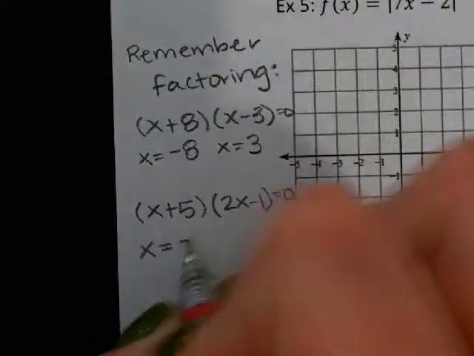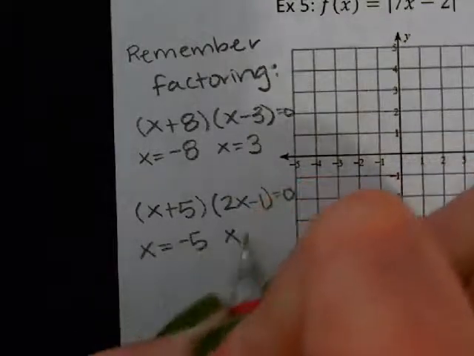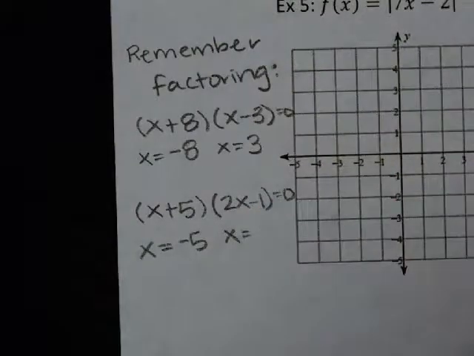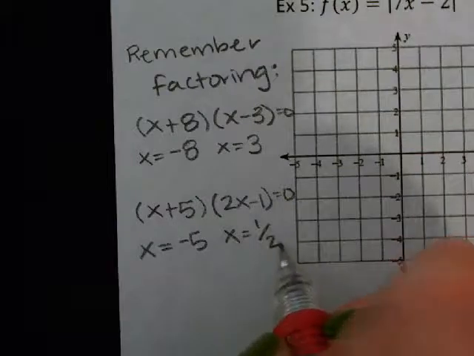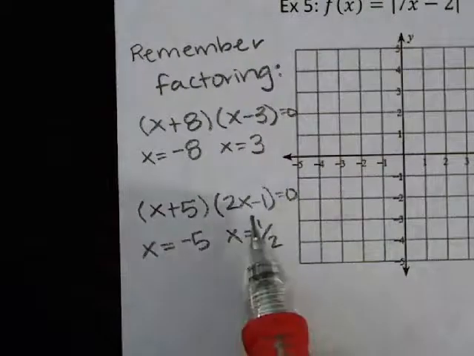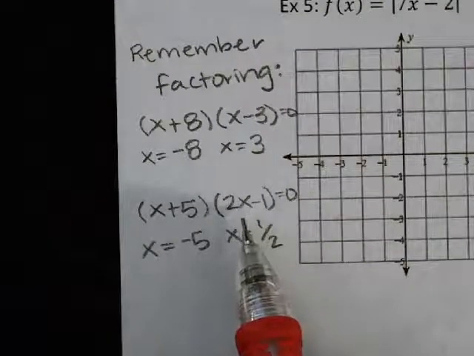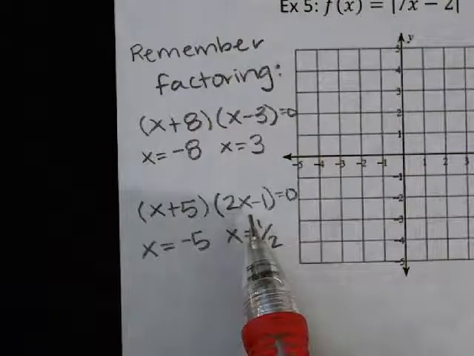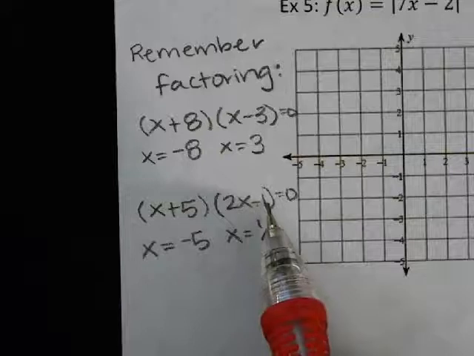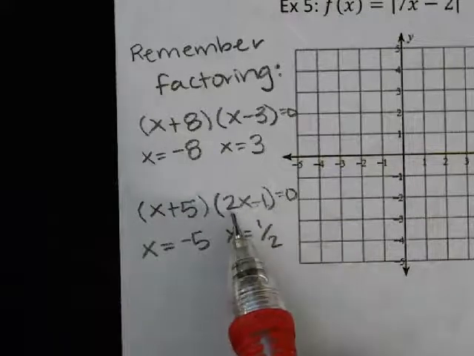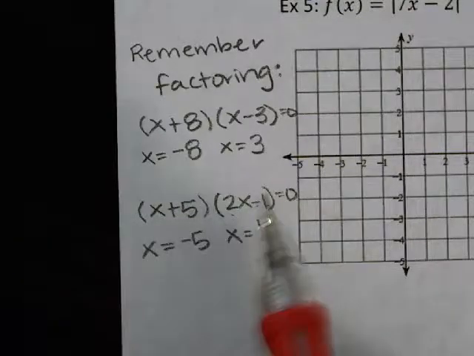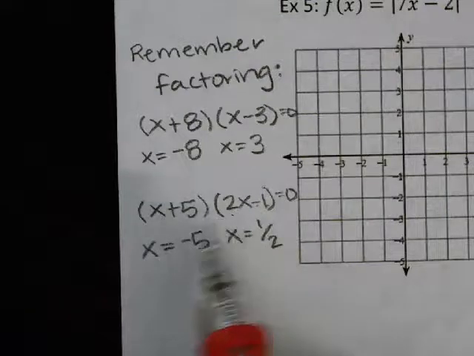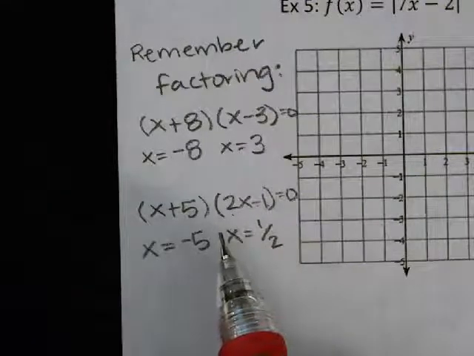So if you had something written like this, that answer would be a fraction. It would be positive 1/2. You guys need me to review how we got those answers from factoring? Would that be good? To just remind you guys where those came from? You can't tell if you're just kind of staring.